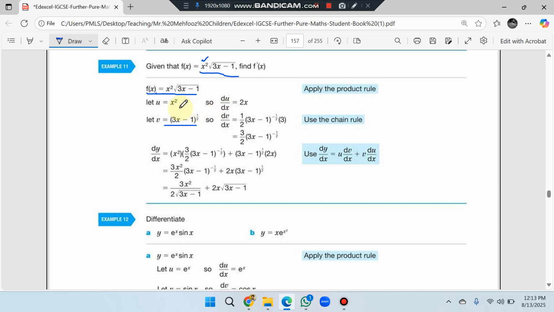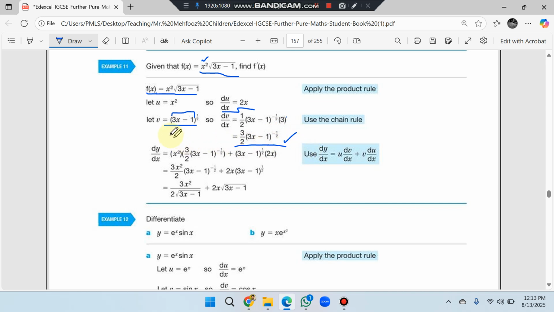So du by dx is basically 2x, and dv by dx is equal to, the power goes to the front, 1 over 2 times 3x minus 1 raised to the power minus 1 over 2, and now the variable is 3x minus 1. So the derivative of 3x minus 1 is simply 3. When we simplify it, your answer will be 3 over 2 times 3x minus 1 raised to the power minus 1 over 2. Do you understand till this step?